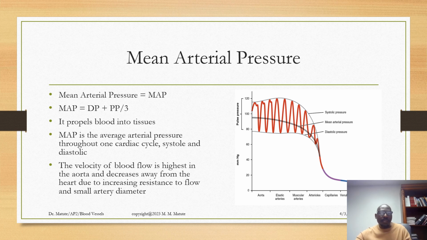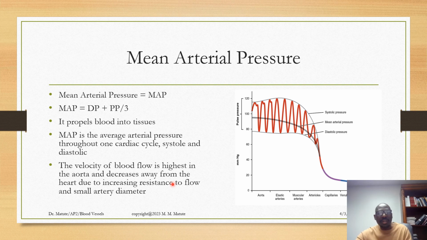The mean arterial pressure. This is the way it is calculated. It is the average pressure that ensures that blood pumped from the heart continues to circulate throughout the body. Of course, it decreases as it moves from the aorta down to the tips of your limbs.